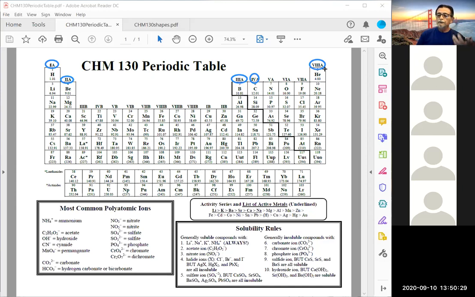And therefore, they are noble and unreactive because they have obtained the octet configuration, as we call it, with the exception of helium, which is a duet configuration. So hydrogen and helium strive for the duet. Everybody else is striving for the octet. That is the driving force of trying to maintain 8 valence electrons in the outermost shell.